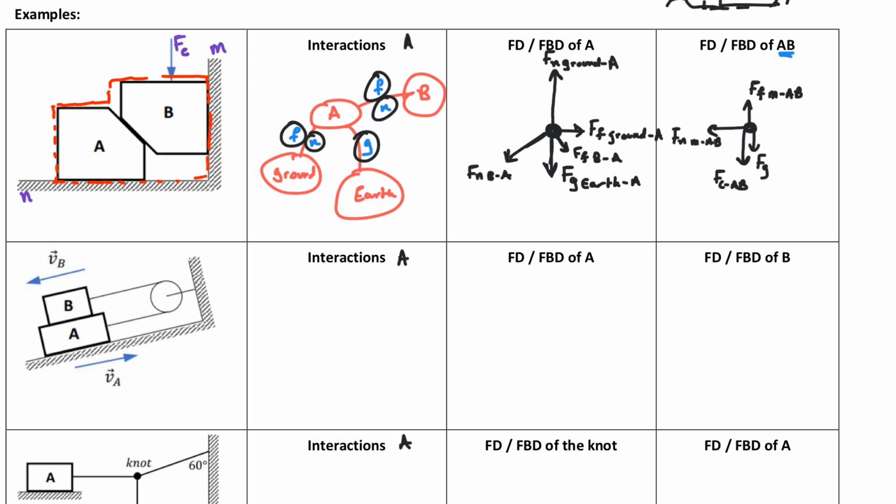Okay, good. We're almost done. There's also an interaction here. Normal force going in this direction from surface N on our system. And if this is going to be going this way, this surface might be pulling it back in this direction. So there's going to be a force in this direction, which is going to be force of friction from N to AB. And what other forces do we have?